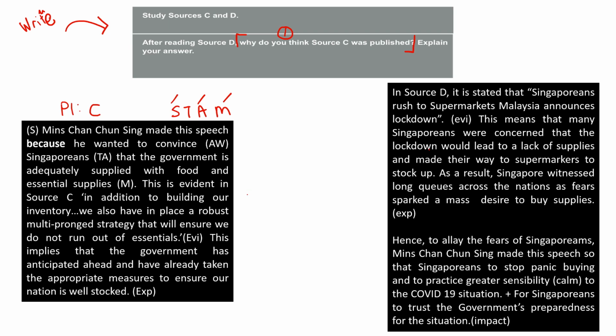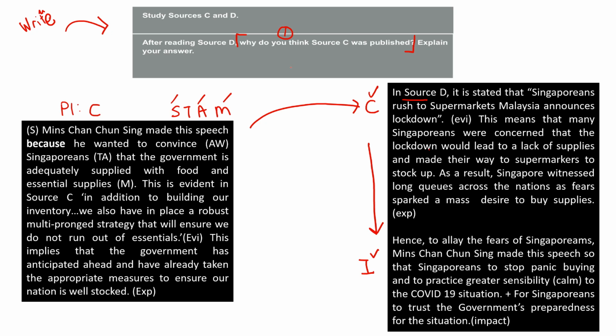This is the key difference between this hybrid question and your conventional purpose question. You make a pause after your M because you want to then bring in source D. And you bring in source D first to establish what the context is. And then after you derive what the context is, you move on to complete and tell us what the impact is.